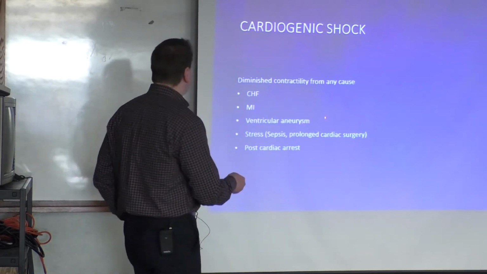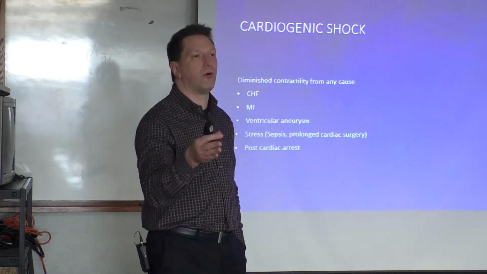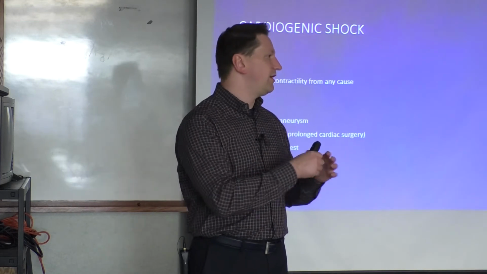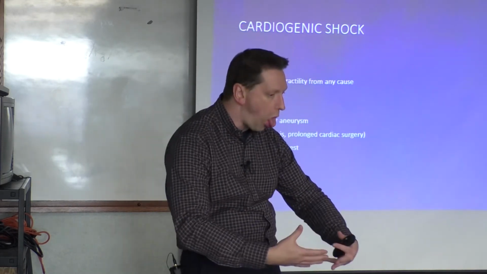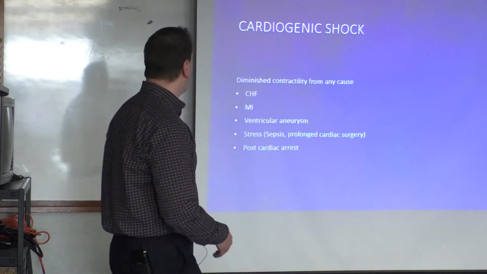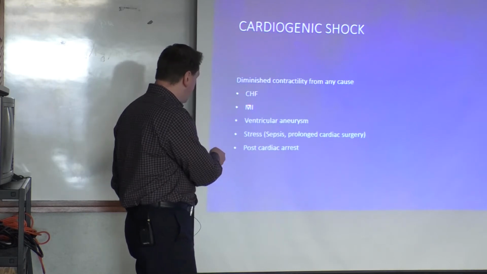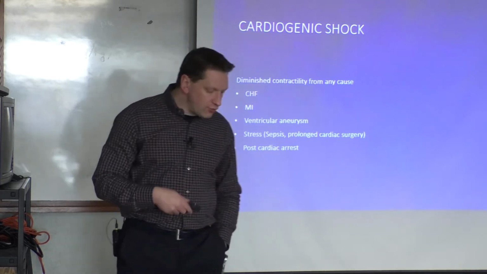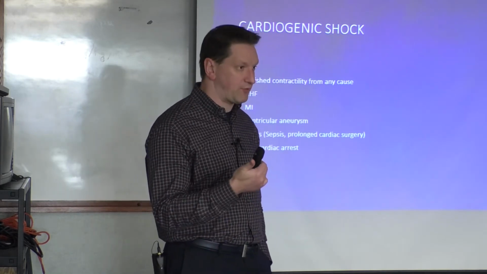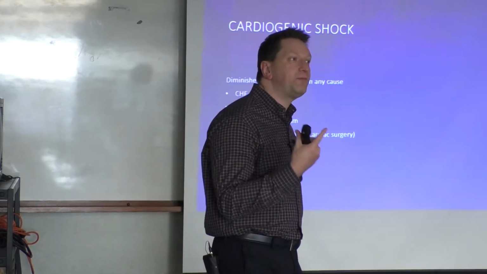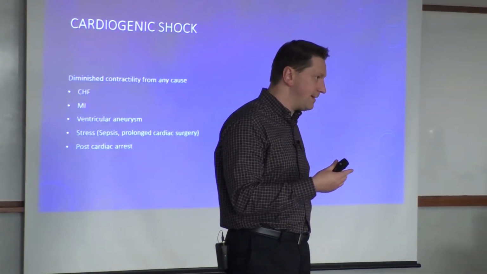Ventricular aneurysm is a consequence of a myocardial infarction. That's where a wall has already mostly died off, and there's only enough muscle left that it bows out, it just sags out, right? So stress creates congestive heart failure. So you can get something called a Takotsubo cardiomyopathy if a person is genetically predisposed to have this and they experience an event with a profound exposure to adrenaline, okay?